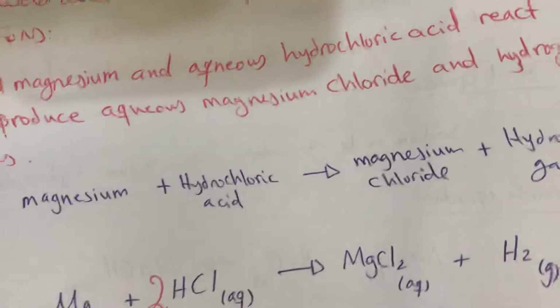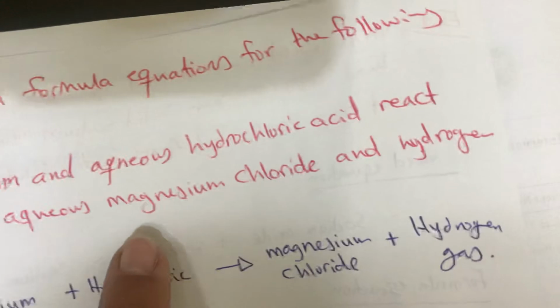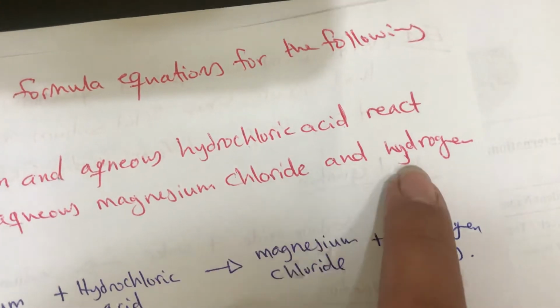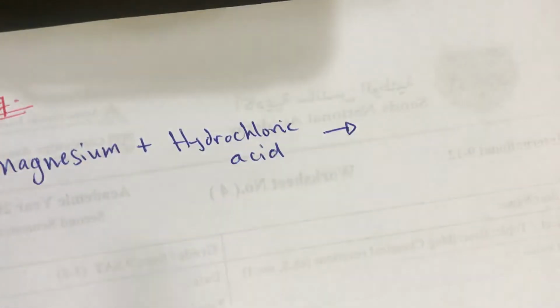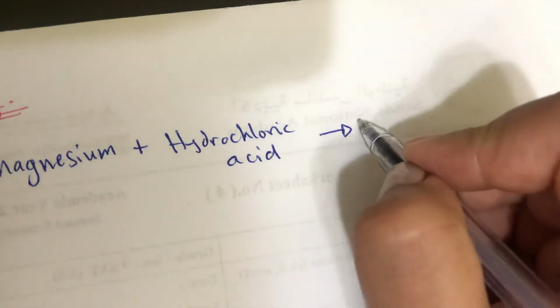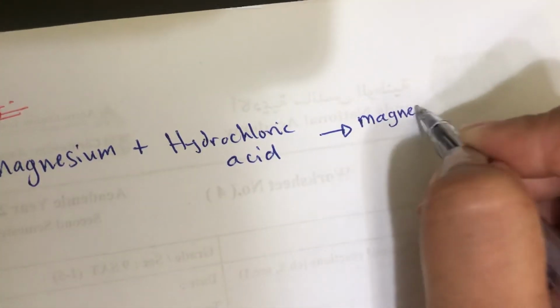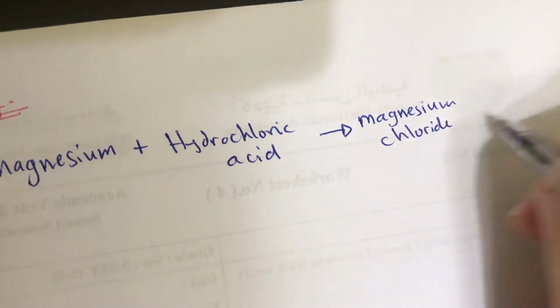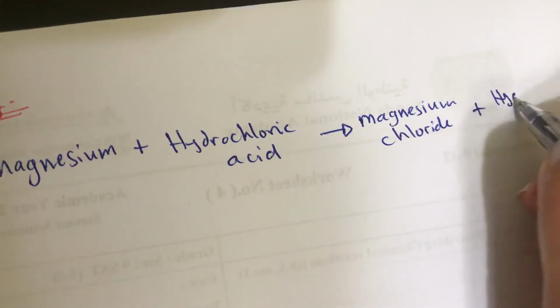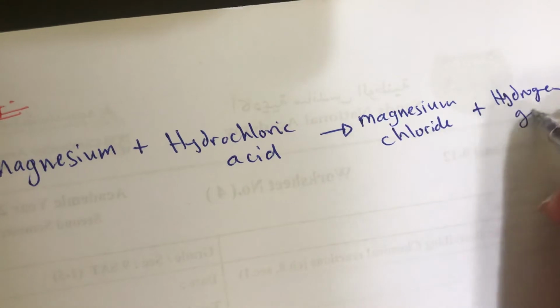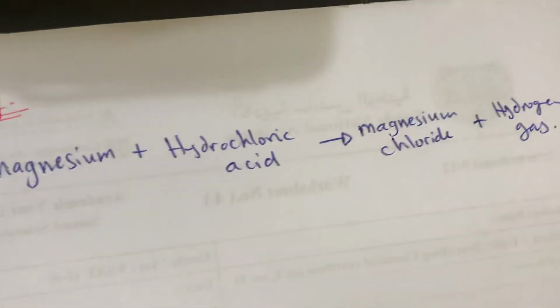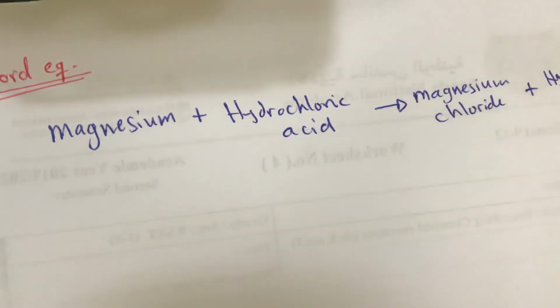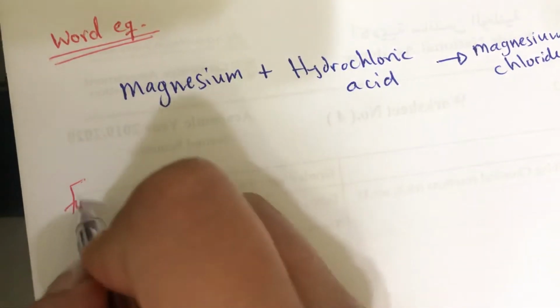React to produce aqueous magnesium chloride and hydrogen gas. So now, how to write the formula equation?